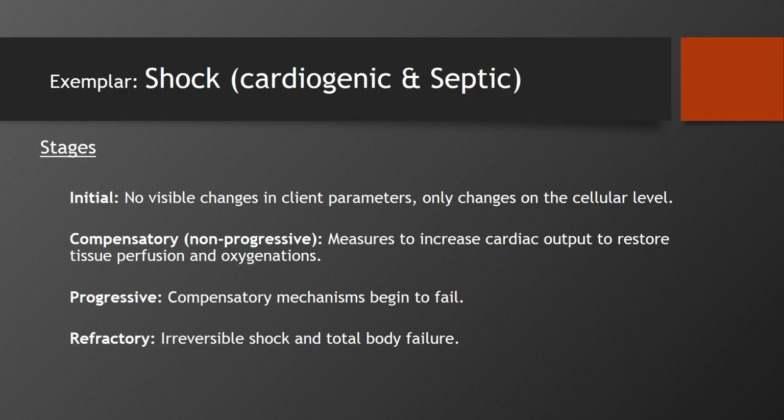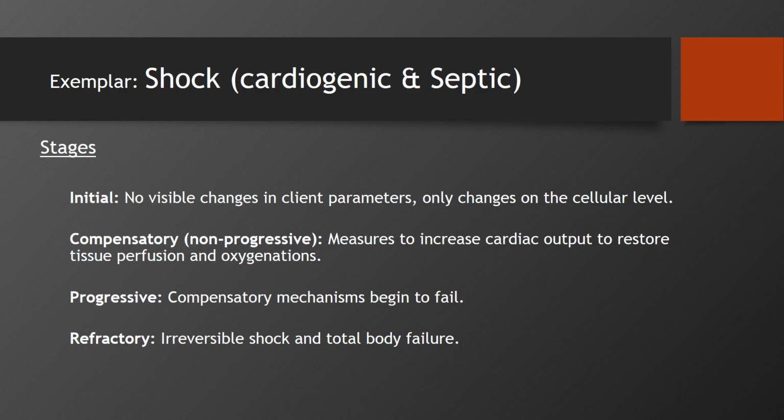Then there's compensatory. So this is when your body starts to compensate. Your body knows that something is not right. There's an injury, there is something going on that your body's trying to fight. So it tries to increase the cardiac output to maintain adequate perfusion and oxygenation.